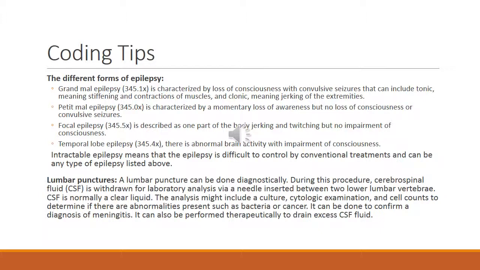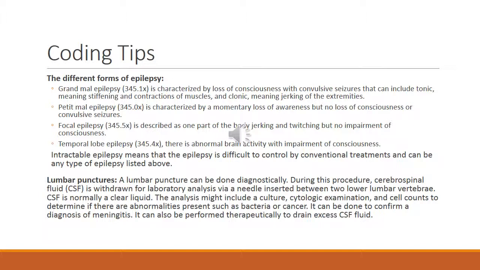Next, we'll discuss the different forms of epilepsy. First is grand mal epilepsy, which is characterized by loss of consciousness with convulsive seizures that can include tonic, meaning stiffening and contractions of the muscles, and clonic, meaning jerking of the extremities.